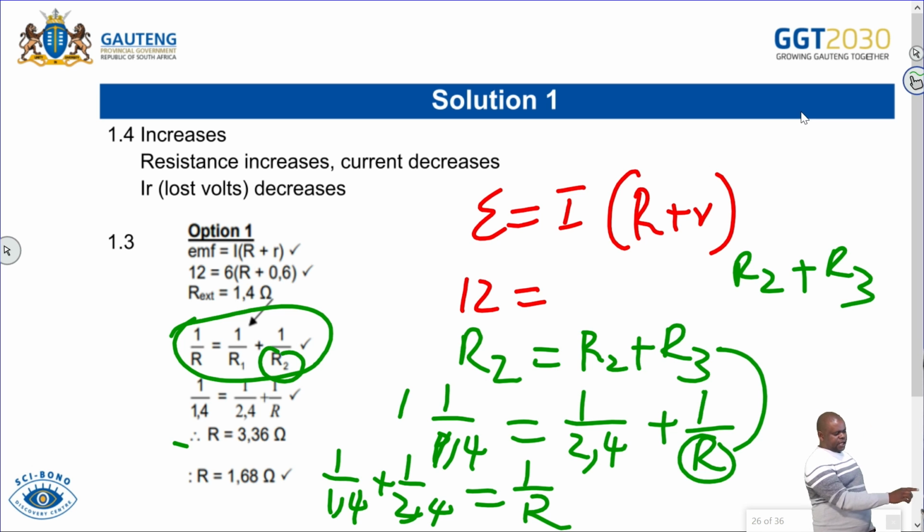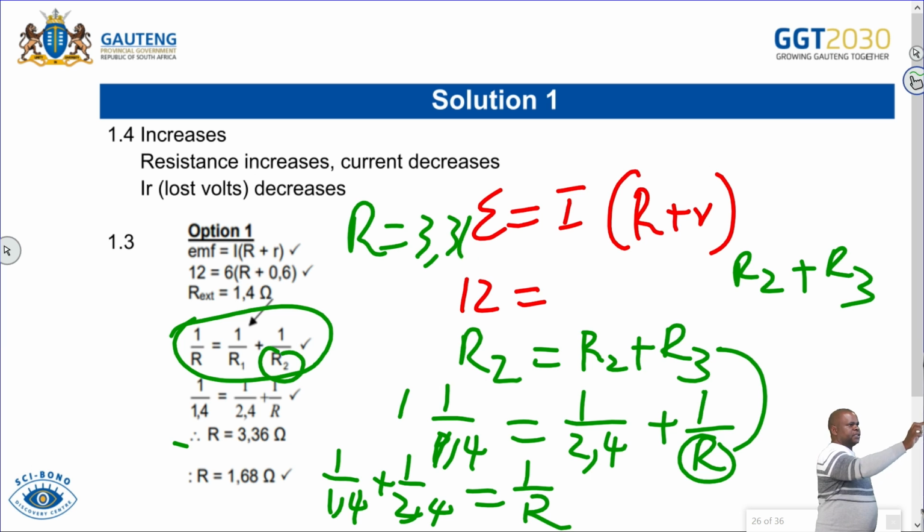Then you can say this multiplied by this. Then you know that you can choose what? A lowest common multiple. Then you do it correctly until you get what? R is equals to 3.36. Are we together? And an easier way is to use formula, this formula.